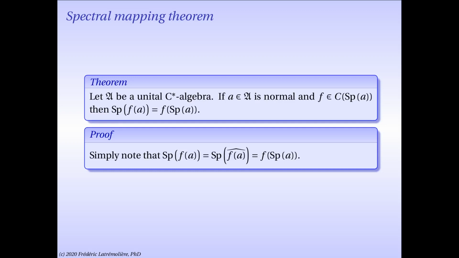That's a very simple calculation, but it is of course a very welcome property. So for instance, if A is normal, and you apply to A a function which is valued only in the real numbers, then you could prove as a little exercise that then f of A is self-adjoint. That's the sort of consequences that we can immediately extract from this so-called spectral mapping theorem.